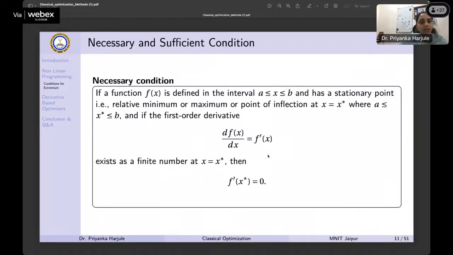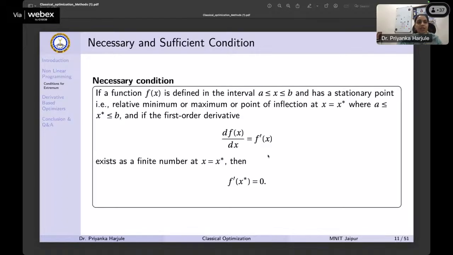Now we come to determining the stationary points. This concept we already used in linear regression for minimizing the residual sum of squares and estimating the coefficients. The condition is called the necessary condition for the existence of a stationary point.